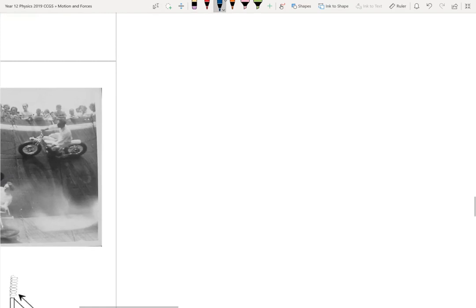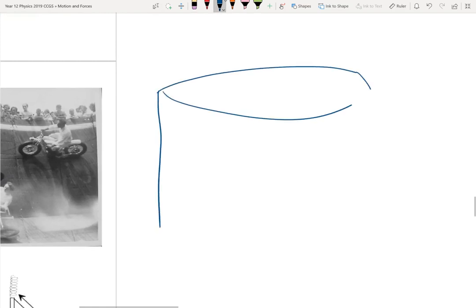If you are on a perfectly vertical wall, imagine the wall here, and you are a square, then you require the normal force to be pushing towards the center of curvature, right? But if those were the only two forces, you would be accelerating that way, you'd be falling down.